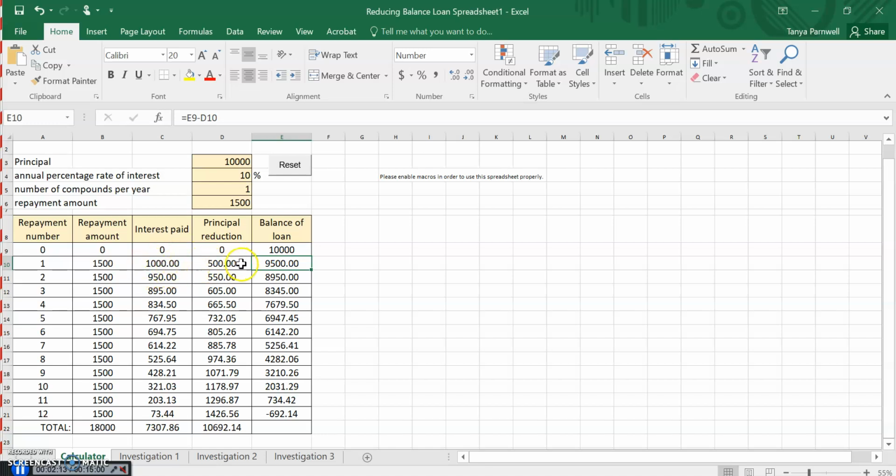We can also see that the opposite is happening with our principal reduction. So with our first payment, our principal only reduced by $500, but as we move down, that amount is increasing.